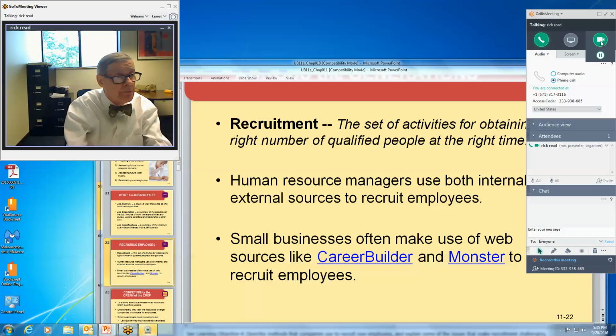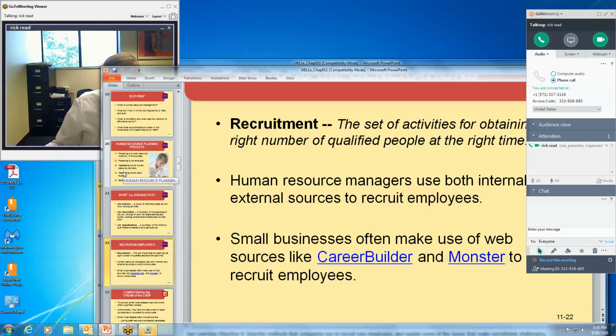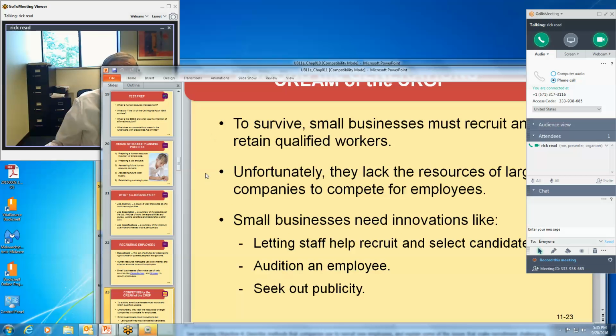These are the types of websites that small businesses use to recruit, because they may not have the resources to go out and do that.